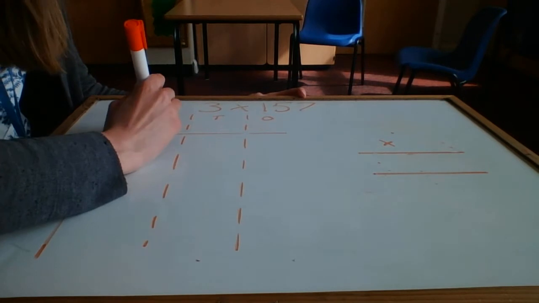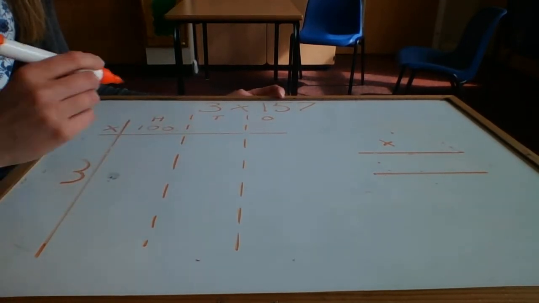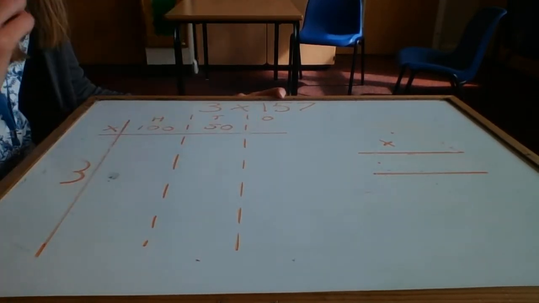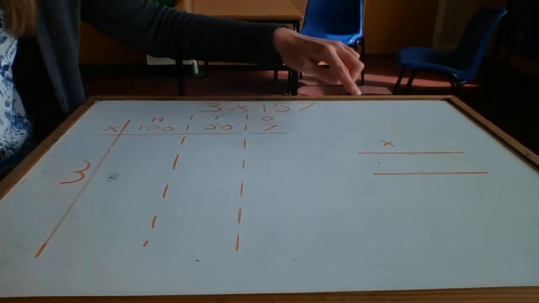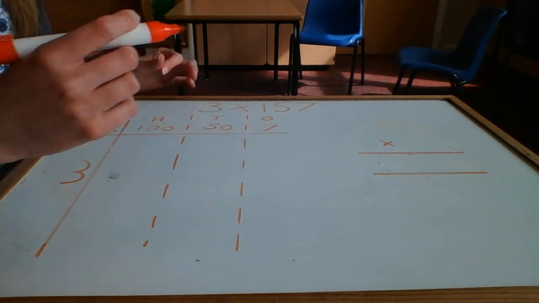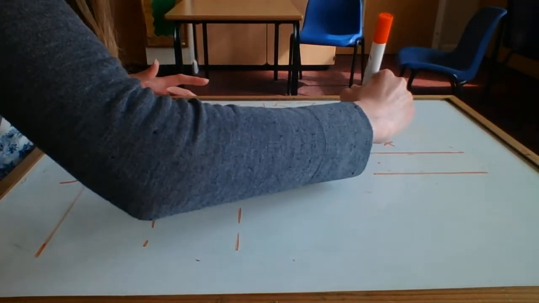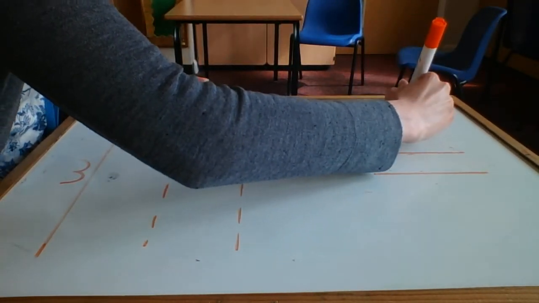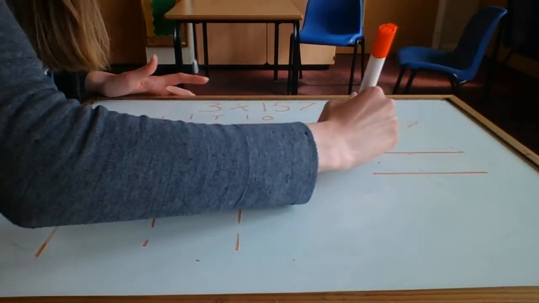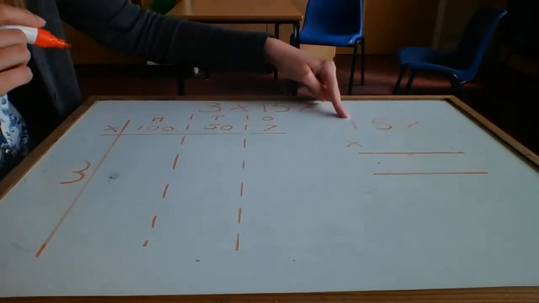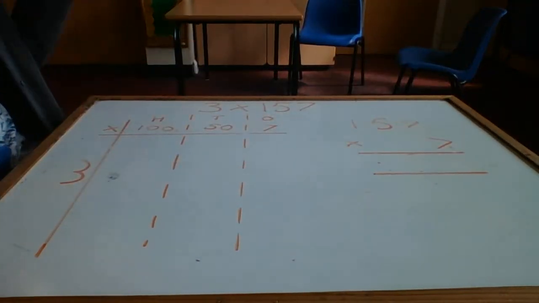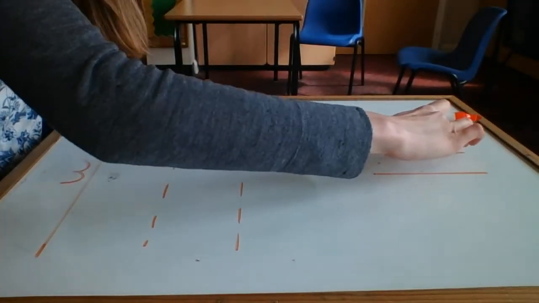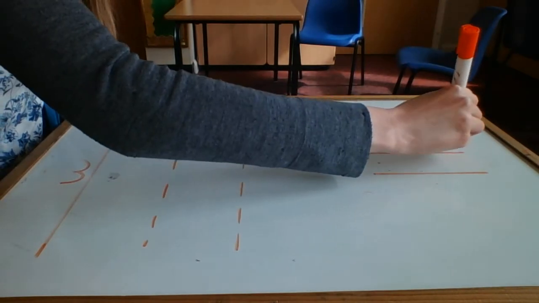So I've got 100, 5 tens, and 7 ones. And then over here it's the same, just being equally careful with columns. So I've got 157 times 3.